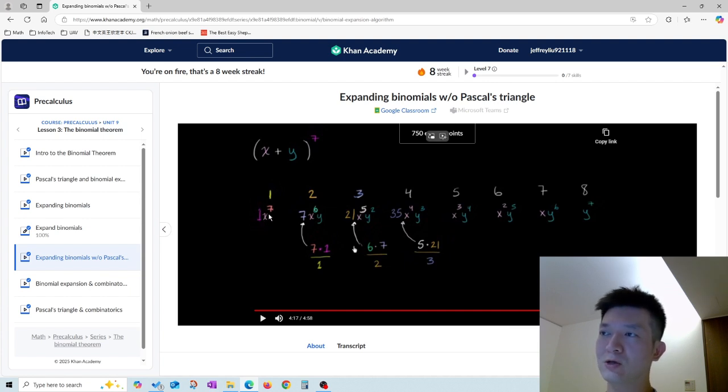And then you multiply it by your degree for your first term. The highest degree for your first term is 7, for your x, actually for your a. So 1 times 7, you end up with 7 times 1, divided by the first term.